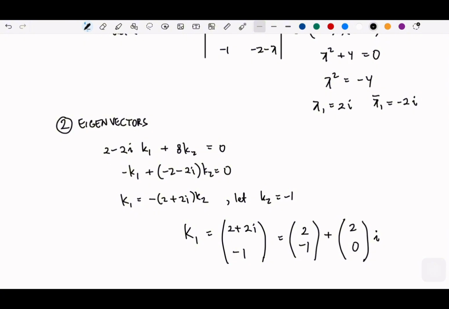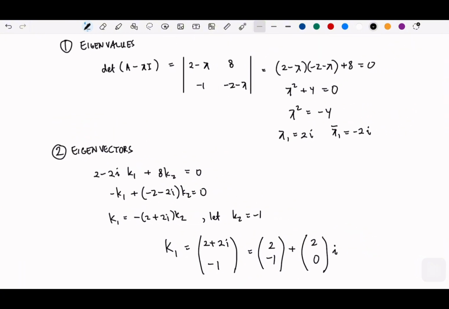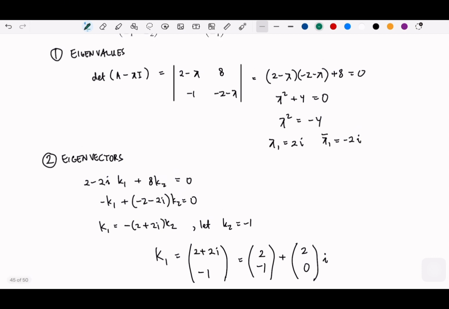Okay, perhaps I haven't discussed with you how to stack the eigenvalues and eigenvectors. My suggestion, to help you write in a clear and concise way, is first, for the eigenvalues, for example, here's the complex.